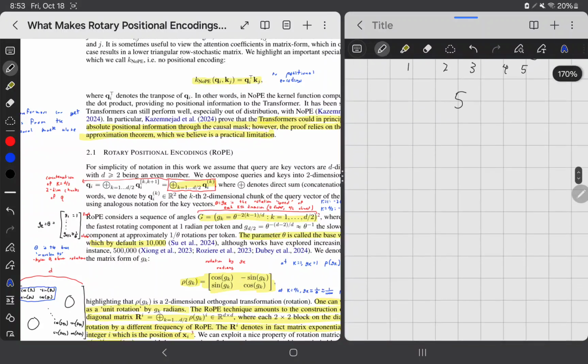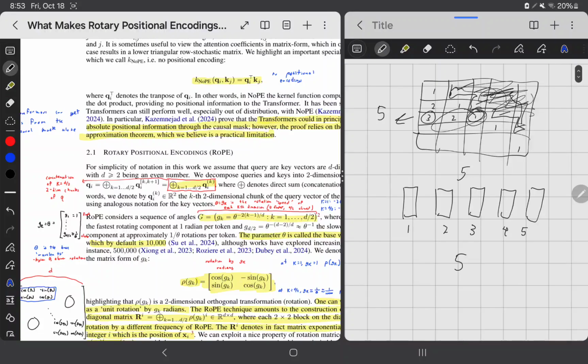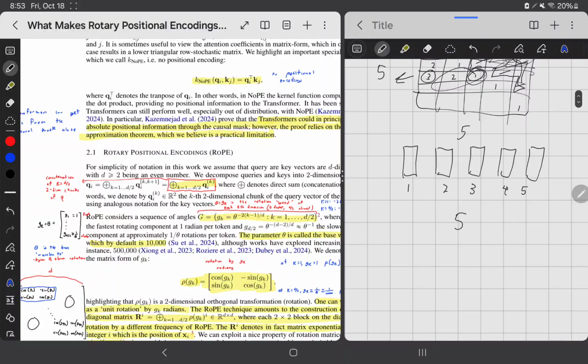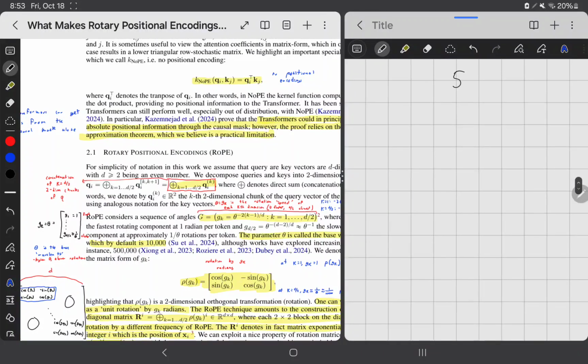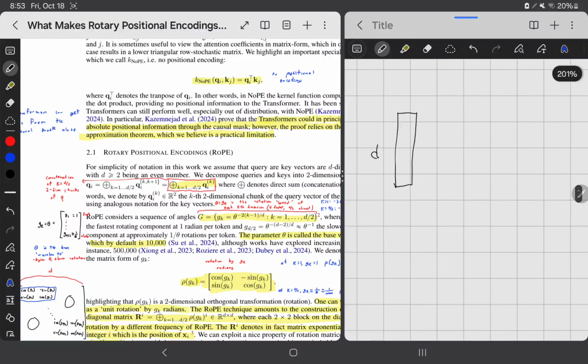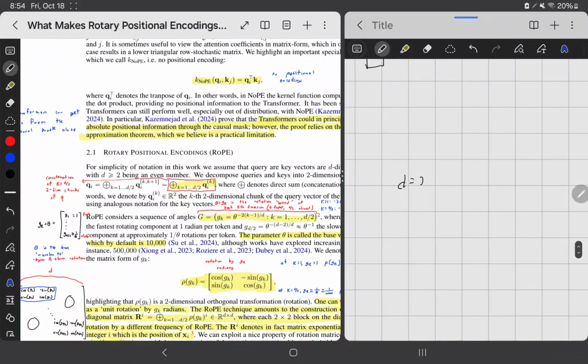Anyways, so rotary positional embeddings, how do they work? Sinusoidal was just adding sine and cosine to each dimension in your d-dimensional vector. Rotary positional embeddings basically says, we have a vector here. This vector is d-dimensional, and what we're going to do is rotate it. So in the simplest case, let's say d is equal to 2.